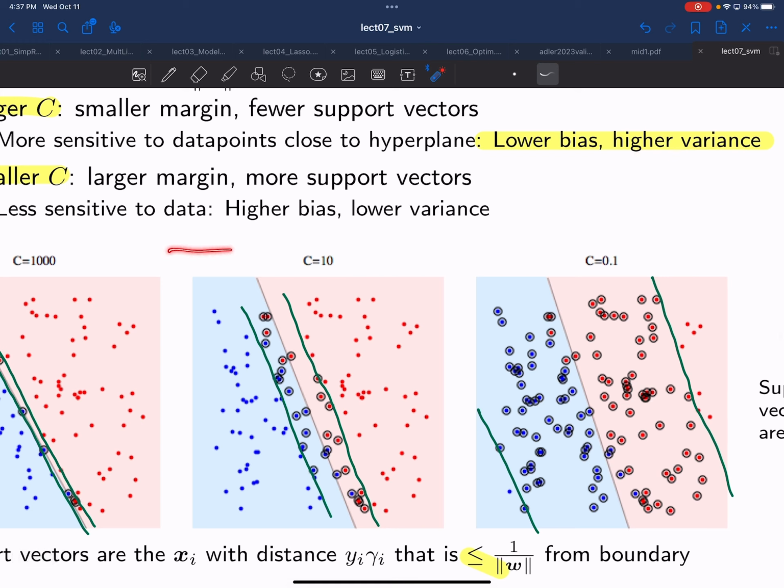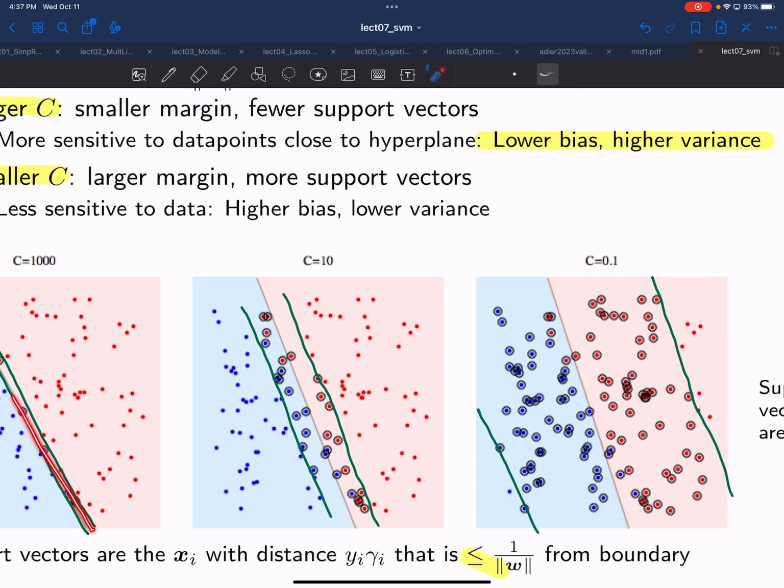Now, as we decrease C, we're using more and more of our training samples to determine the boundary. And so what that means is across experiments, you will see less variation because this boundary is the average in some sense of those samples. The more samples I use, the less variation I see. So this boundary will be quite stable across experiments. It won't really move much.